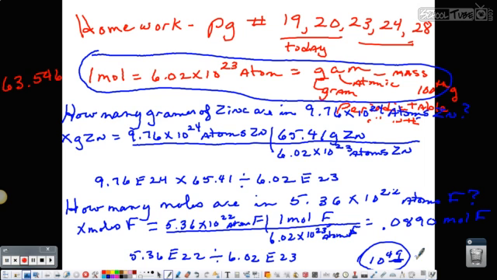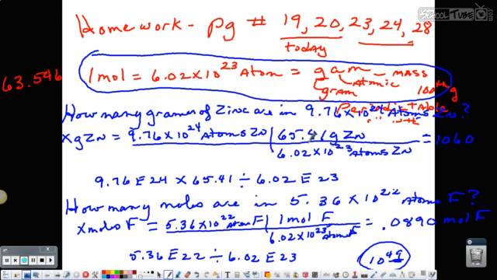I'll try again. Alright, so we've got 9.76 second comma on my calculator 24 times 65.41 divided by 6.02 second comma 23, and the answer is going to be 1060.